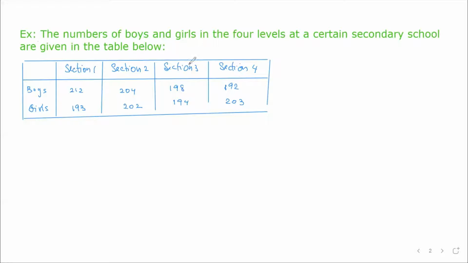So this question wants us to represent the above information as a matrix. State the order of your matrix also, okay?